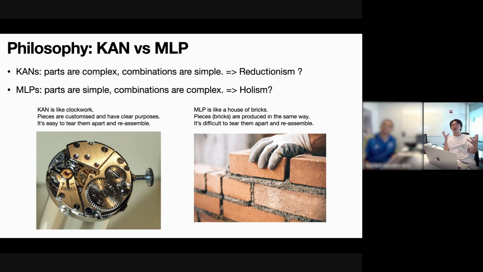However, the way to combine these 1D functions can be very simple. It can be as simple as a compositional sparse graph. But for MLPs, the complexity comes from the complex interaction or connections between different neurons, although each individual neuron can be quite simple and standard.